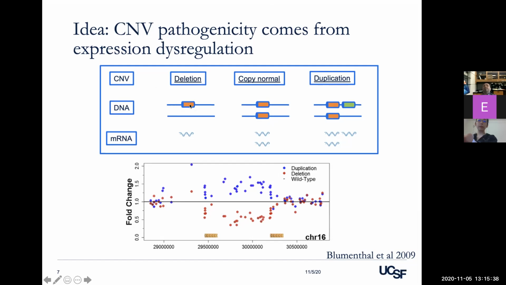People who have deletions and are missing a copy of a gene, they're probably going to have less RNA coming from that gene. And people who have duplications, since they have an extra copy of the gene, they're probably going to have additional RNA transcribed.